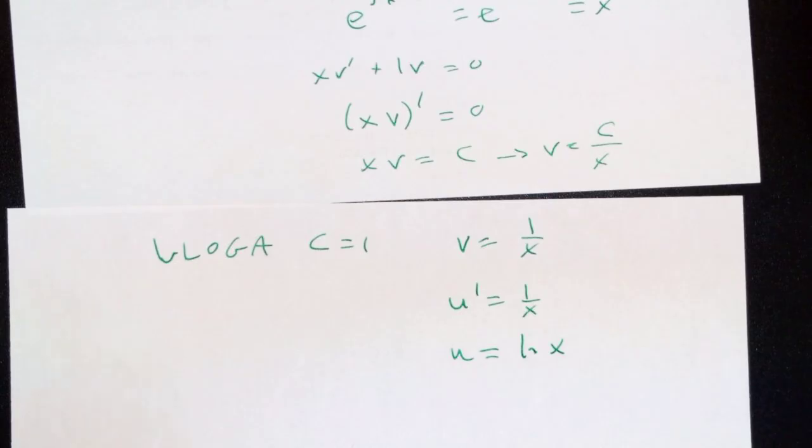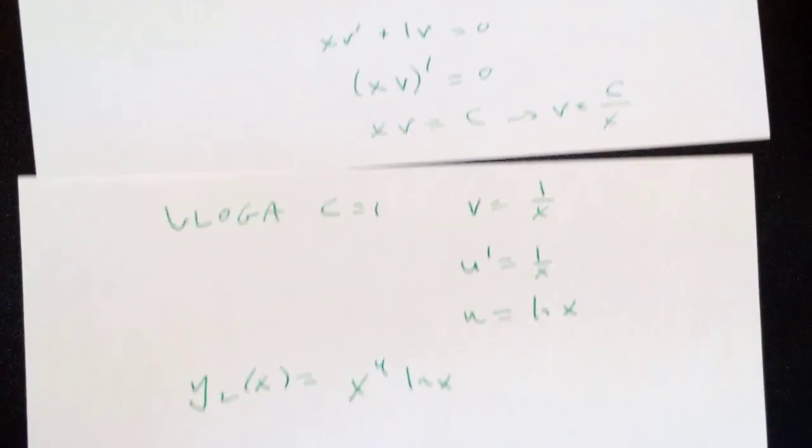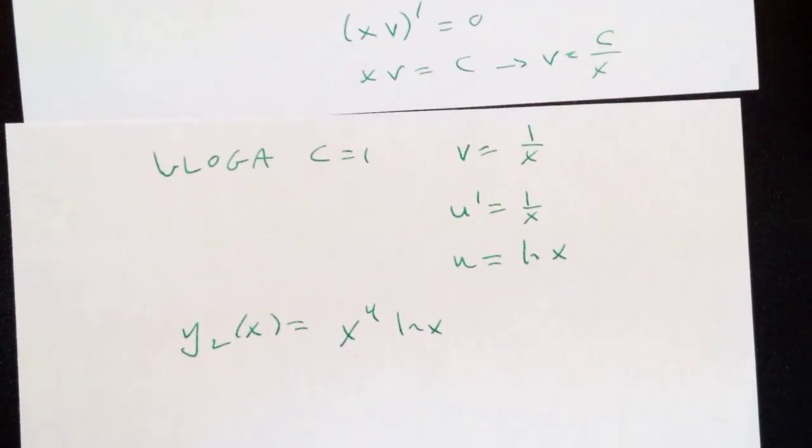And that means that I now know y2. What is my second independent solution? Because of the way I don't write parentheses around my ln's, I tend to put the stuff that's not in the ln in front instead of in back. One of my personal peccadillos. There you go.